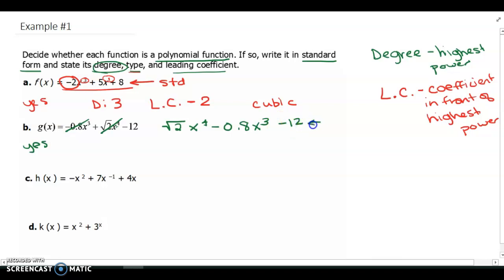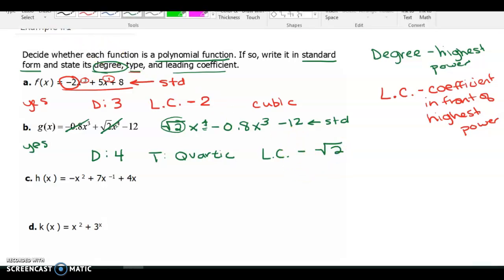Okay, this is in standard form. My degree is the highest power, which is 4. Because it's 4, my type is quartic. My leading coefficient is square root of 2, and that is it.